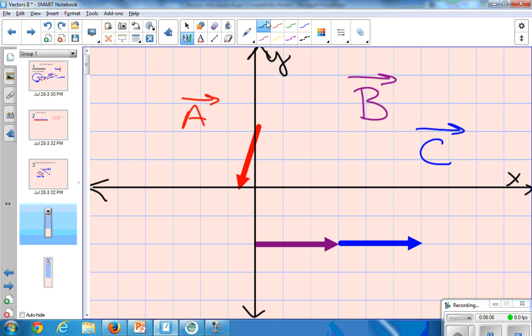Okay, so let's get back to, let's say, vector b. Right now, we see that this point right here starts at 0 on the x, and down 2. So it starts at point 0, negative 2, and it ends right here.